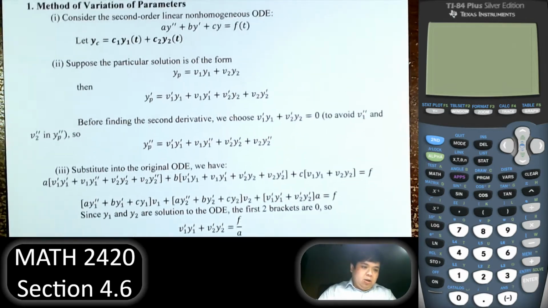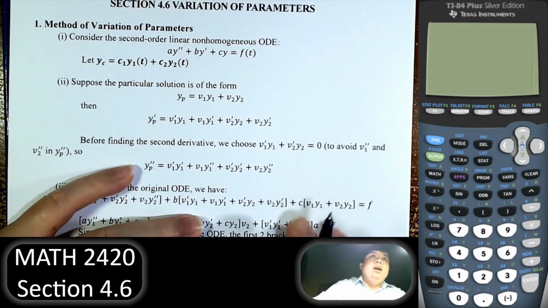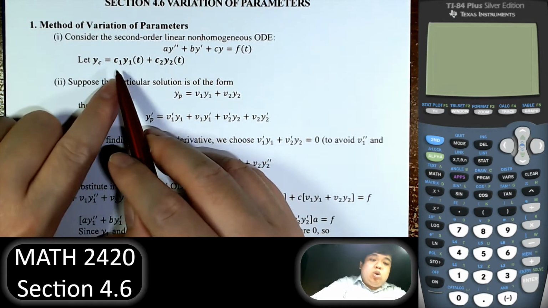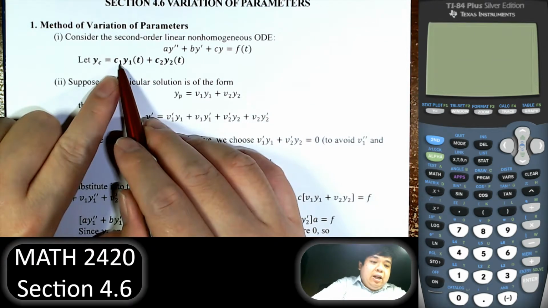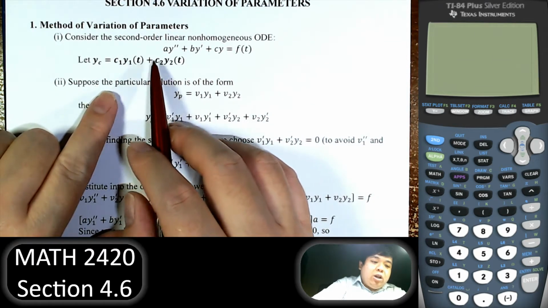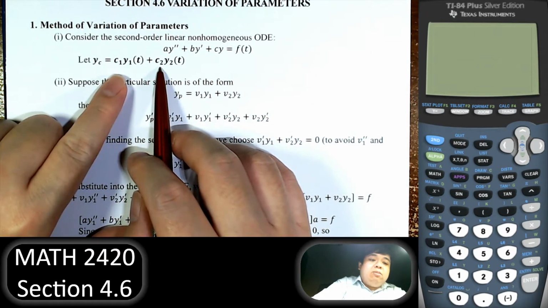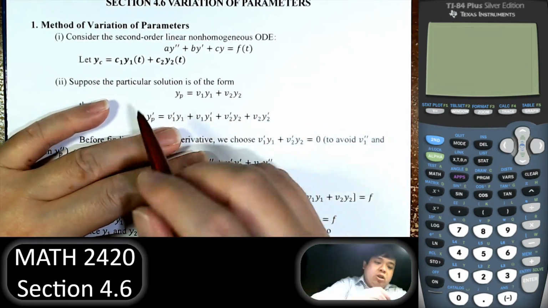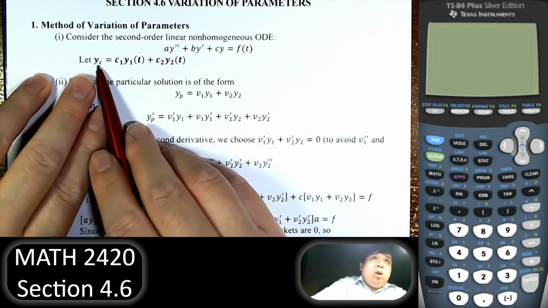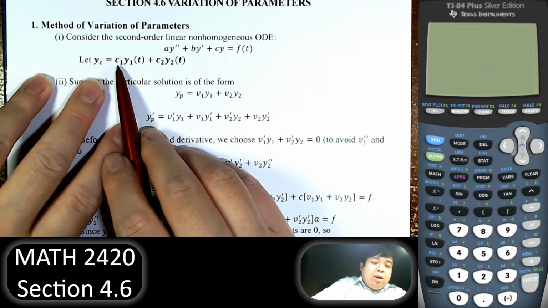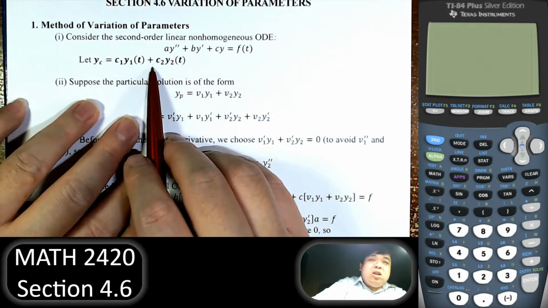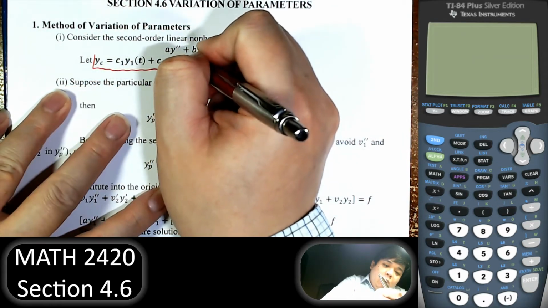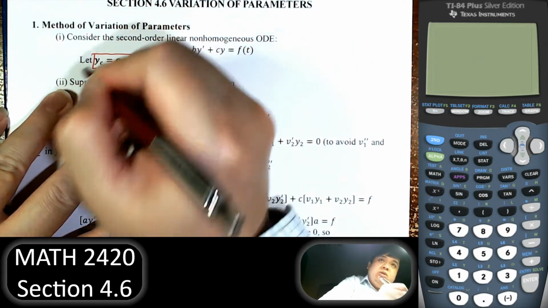Right. So what we're looking for is a solution in this form. Of course, y1 and y2 are the solutions in the complementary solution. The complementary solution is c1 y1 plus c2 y2, a linear combination of y1 and y2. So this is the complementary solution.